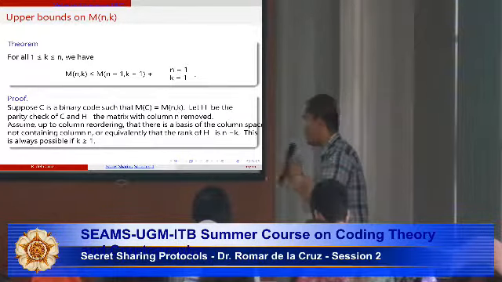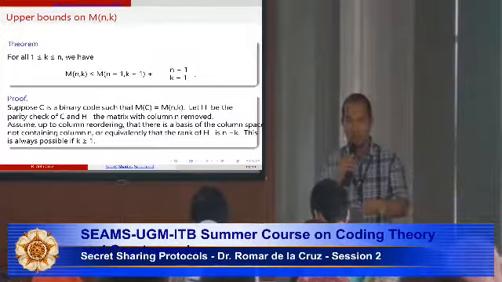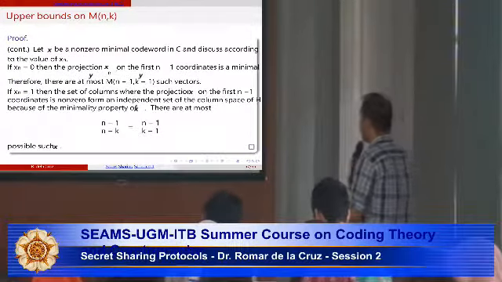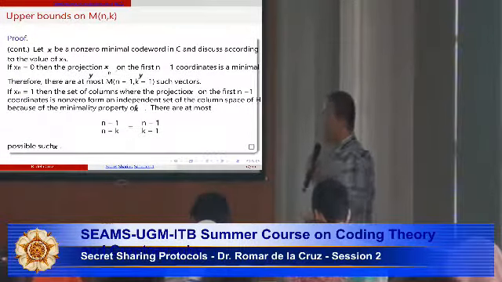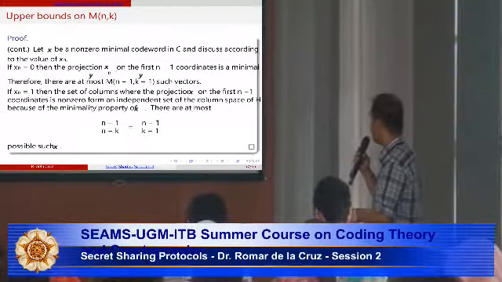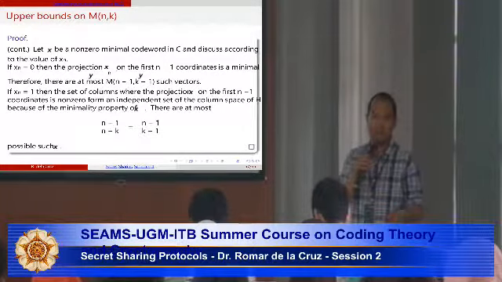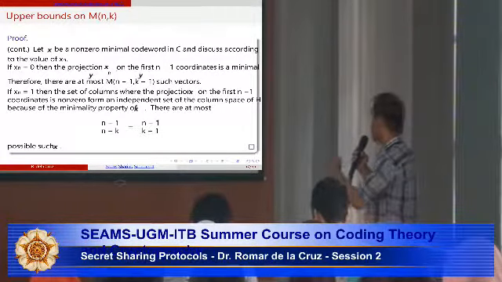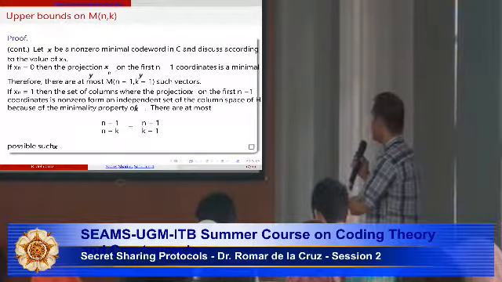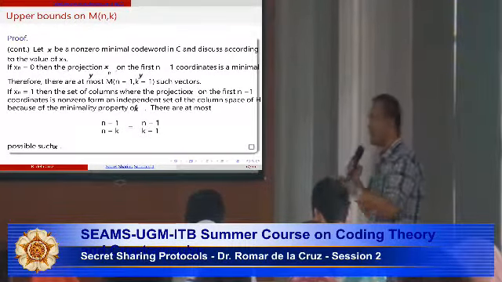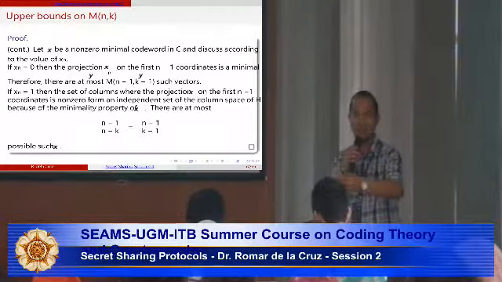So how do we count the number of minimal code words? Let's take a non-zero minimal code word in C, and look at the last coordinate, x sub n. The only possible values are 0 and 1.